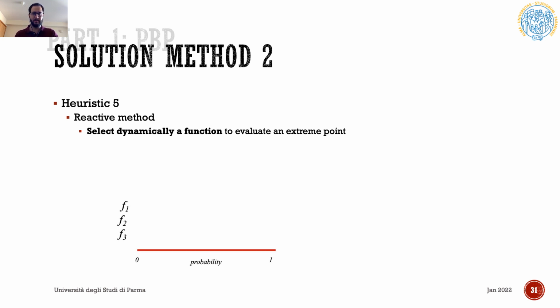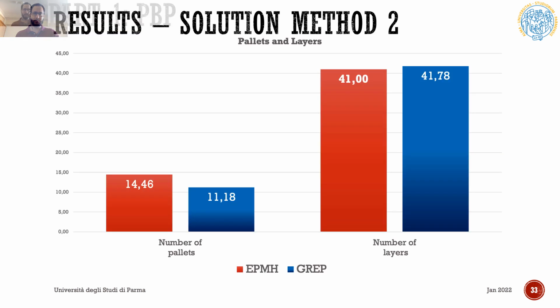For example, given 3 fitness evaluation functions, in the beginning the probability to select a function is equal for each of them. However, during the iteration, these probabilities will change. Suppose this scenario at the iteration 1000, so f1 here has higher probability to be chosen, right?